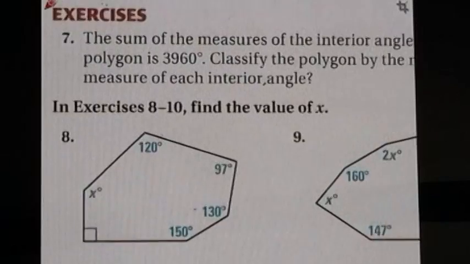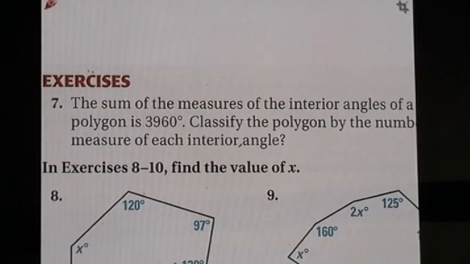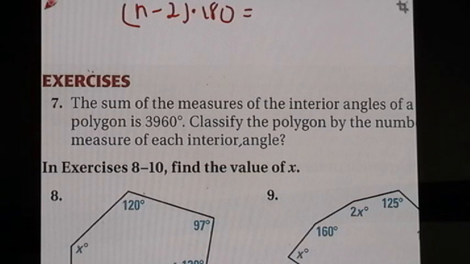So you're going to start with your theorem for the sum of the interior angles of a polygon, which should be on your theorem list: n minus 2 times 180. And that equals 3,960.